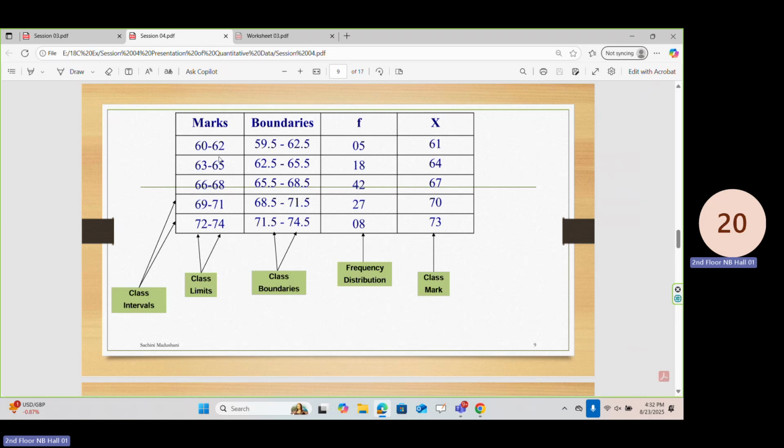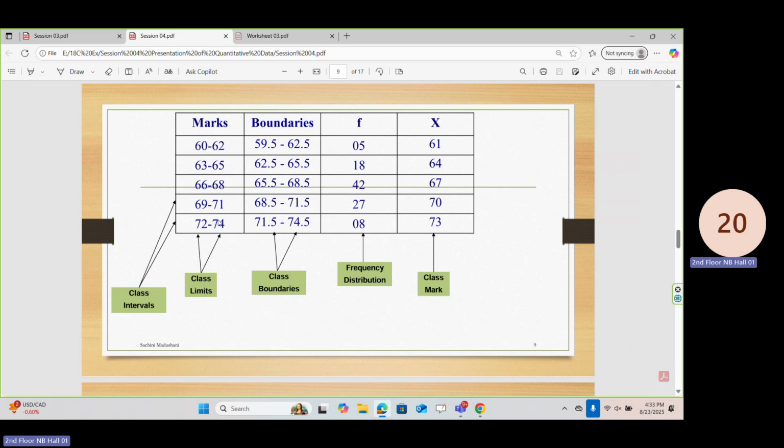Then these are the class intervals. Another thing is that in each class interval, two values are there. First class interval 60 and 62. Second class interval 63 and 65. These values we call class limits. Understood?